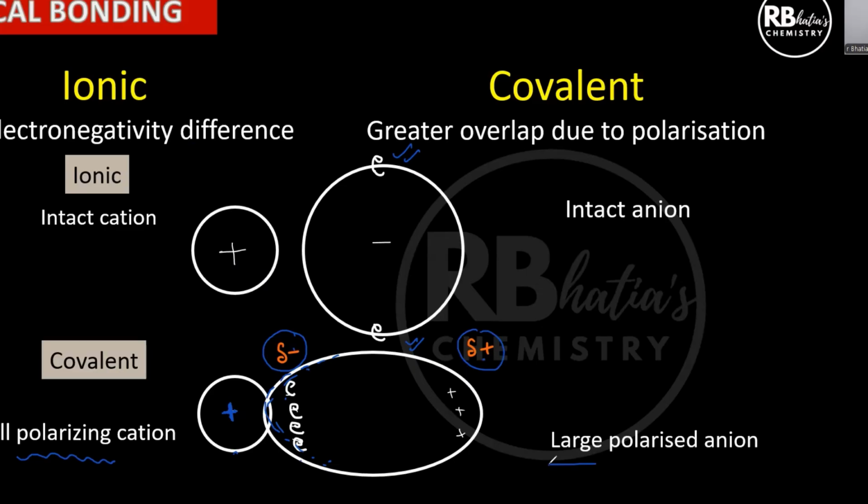So this ion is easily polarizable, and this is polarizing. For a cation to be polarizing, it should be small in size, and for an anion to be polarizable, it should be large in size. As a result, this end becomes partial negative, this becomes partial positive, and there's some kind of overlapping between the two species, which brings in covalent character in this molecule.